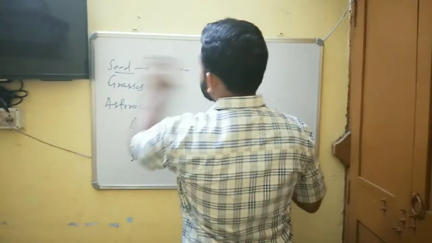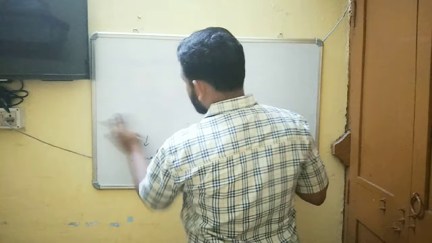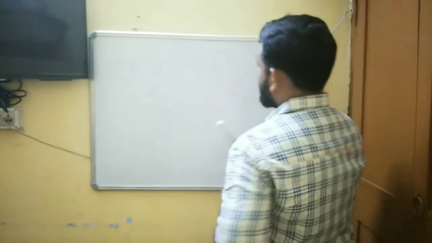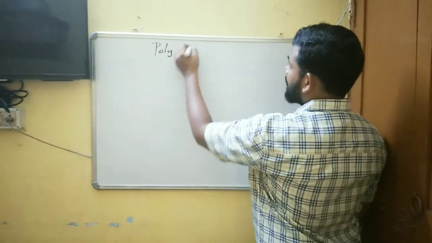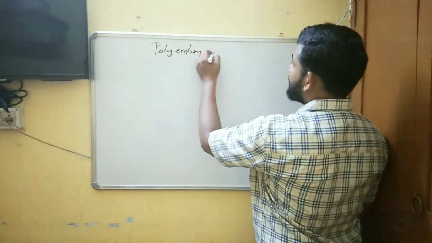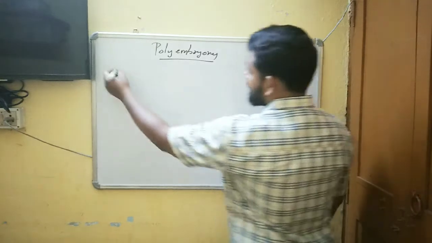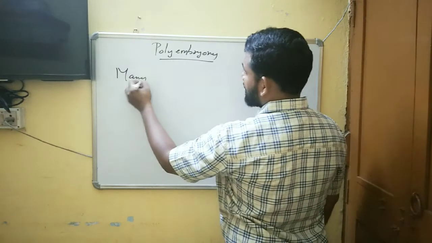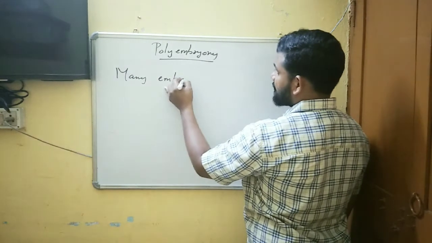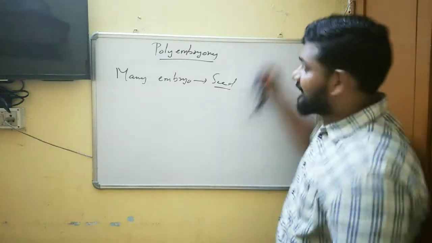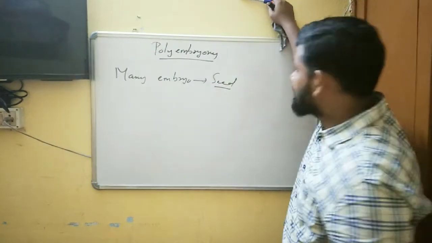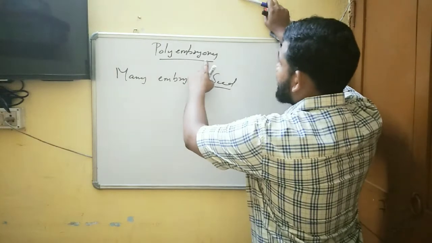The next topic is polyembryony. Poly means many, embryony means embryo. It is the phenomenon of occurrence of many embryos in a seed. Generally there is one embryo inside a seed, but if many embryos are present in a seed, it is called polyembryony.